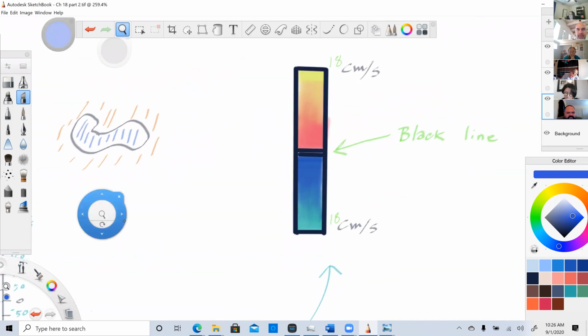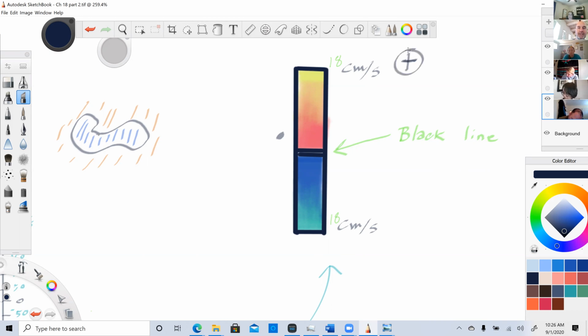Almost all color scales have this. Some of them don't, and those are stupid ones. If you're red, that means you're traveling in a certain direction. As this is set up, red is positive. Positive simply means coming towards you. I have another picture that's going to help us with that. Negative is down here, and that means going away from you.